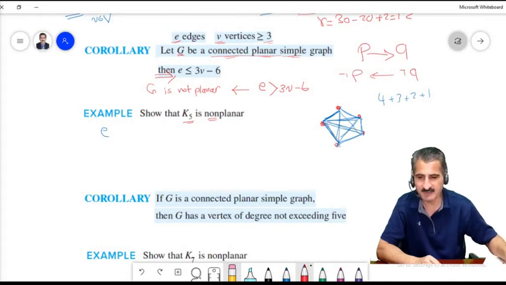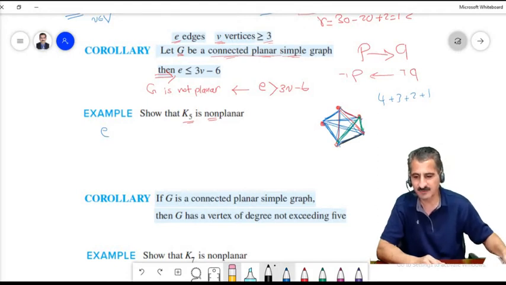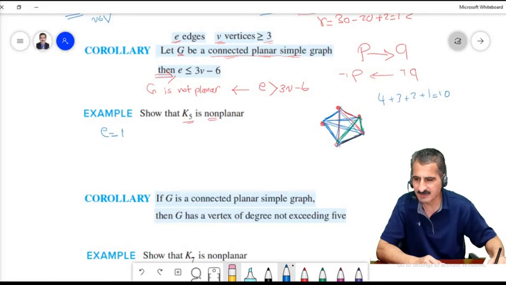And then the second vertex is connected to every other one, that means I have 3 edges. Then this is connected to 2 more, then I have 2 edges. Then I have 1 edge here. So how many do we have? 1, 2, 3, 4, 5, 6, 7, 8, 9, 10. So the number of edges for K5 is 10, and the number of vertices is 5. So let us see. 3V minus 6 equals 15 minus 6, which is 9.